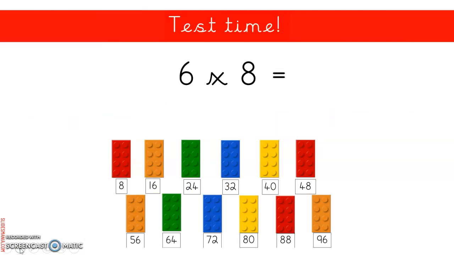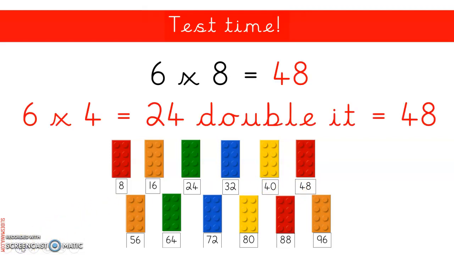Let's have a test now. 6 times 8. Use the image at the bottom to help you. 1 times 8, 2 times 8, 3 times 8, 4 times 8, 5 times 8, 6 times 8. Well done if you said 48.